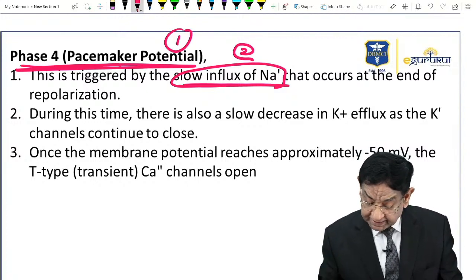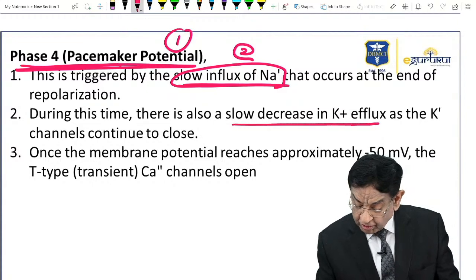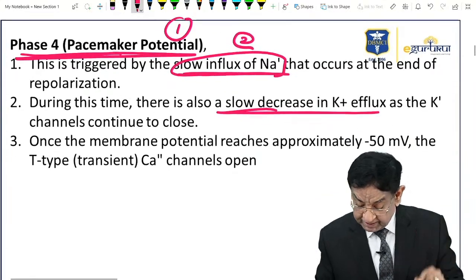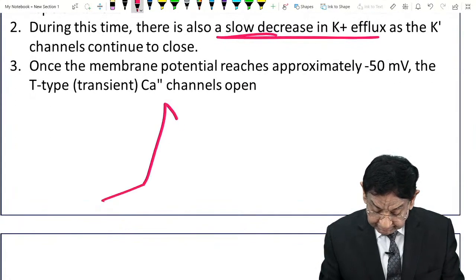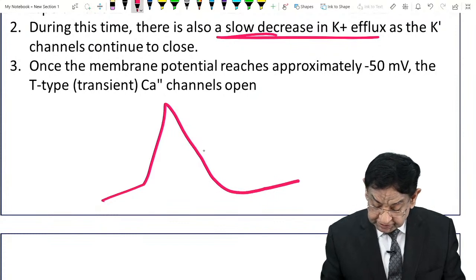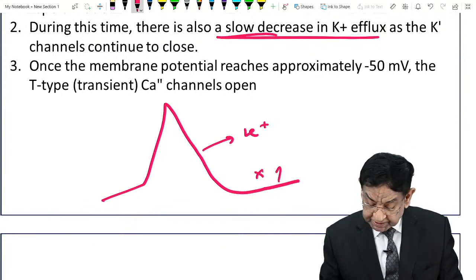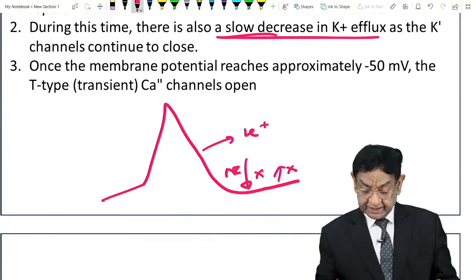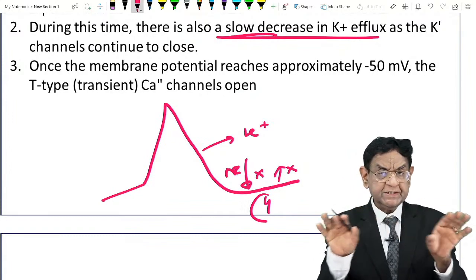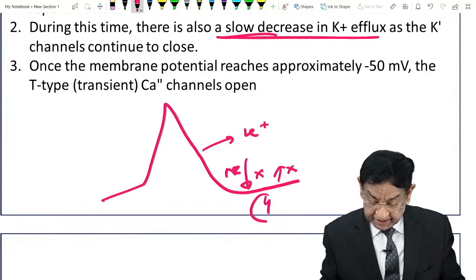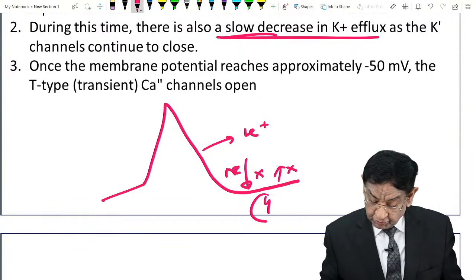And at the same time, the efflux which was going on, this was the phase where potassium was going out, phase 3. Now this stops. Potassium doesn't go out, but sodium starts coming in. So in resting stage 4, potassium stops going out and sodium starts entering.